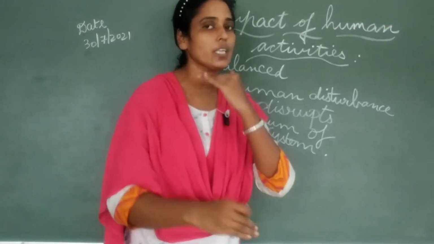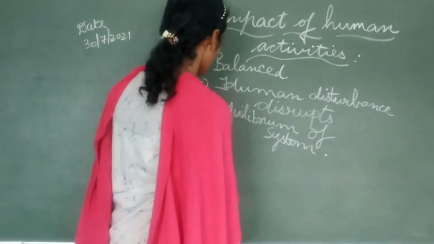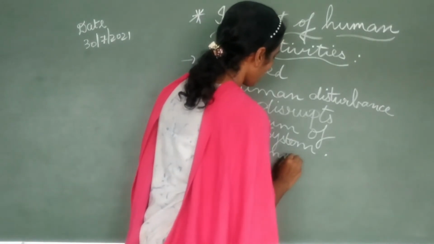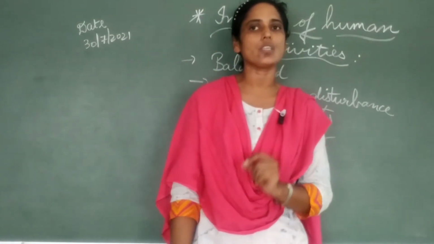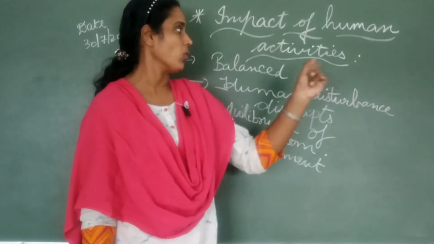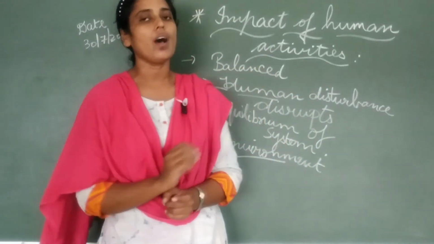But when human beings interfere in that, what happens? They are exploiting the environment. In short, we can say that the environment is destroyed or exploited because of human activities. This condition is harmful for human beings as well as for the environment. Both environment and human beings are being harmed.